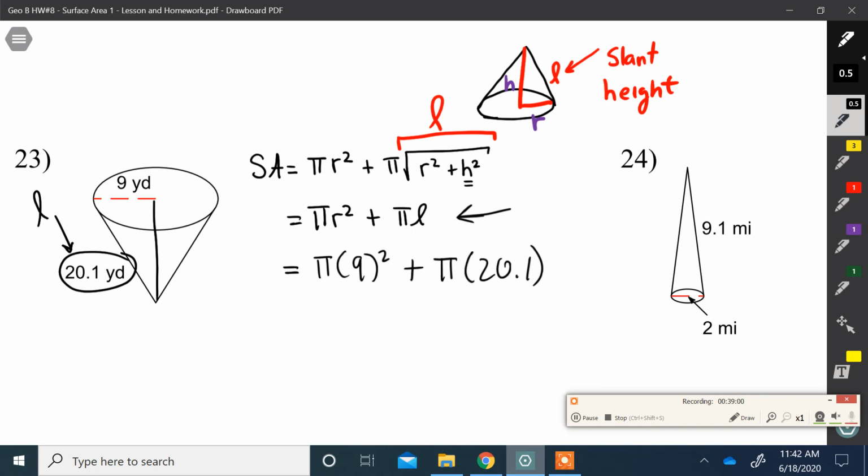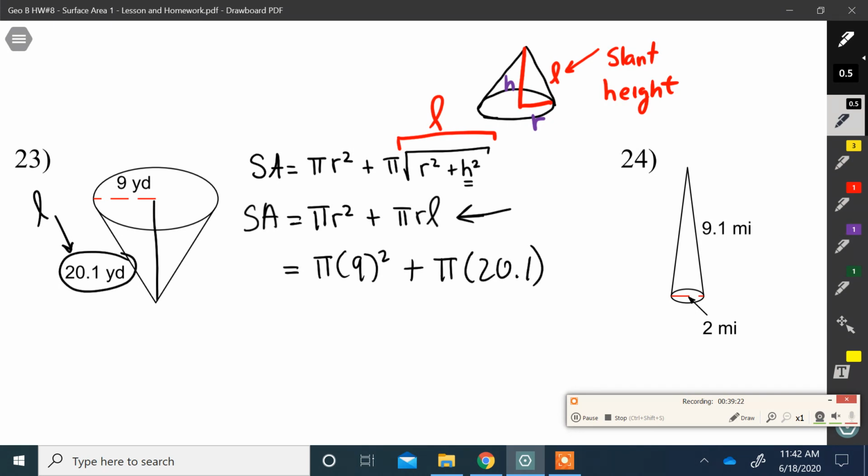So it seems to me that the formula is actually not that. It's pi RL. Okay, so that's the other formula we actually need to use. Okay, sorry about that, guys. I know that's a little confusing.